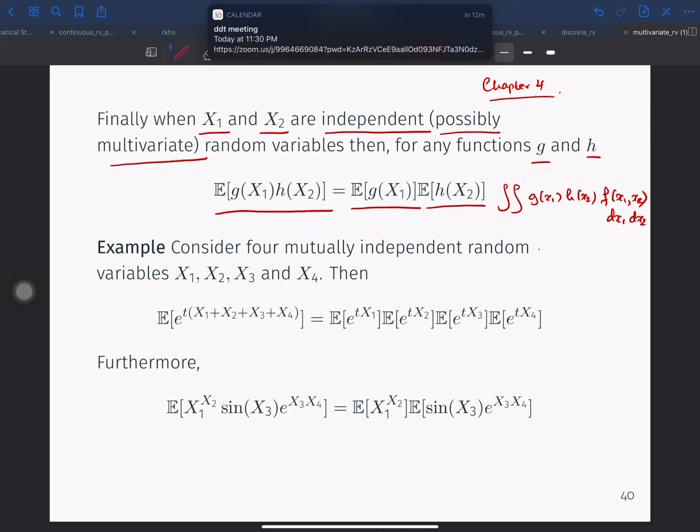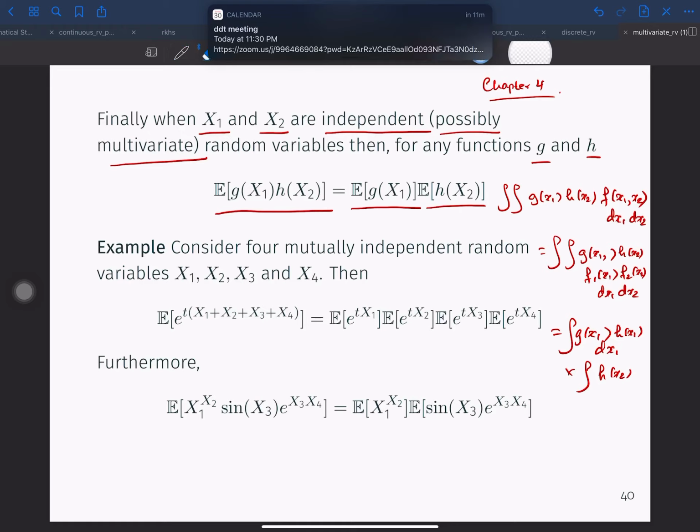And because of the way you can factorize this, you can write it as g(x1) h(x2) f1(x1) f2(x2) dx1 dx2, and so this can be written as the integral of g(x1) f1(x1) dx1 times the integral of h(x2) f2(x2) dx2, which is what we have here.